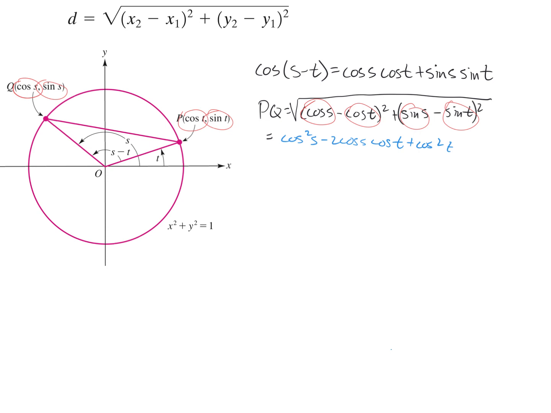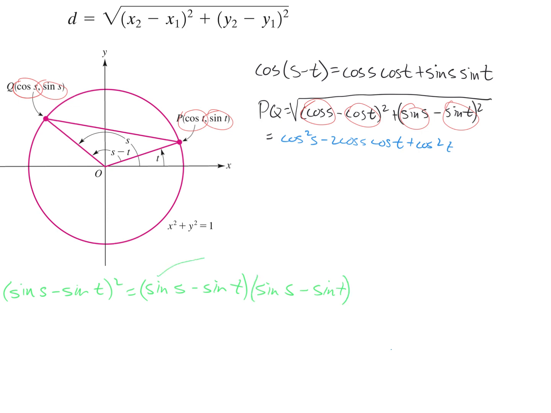Now we have sine s minus sine t, and the whole thing is squared. So that is sine s minus sine t times, once again, sine s minus sine t, and we'll multiply this all out.